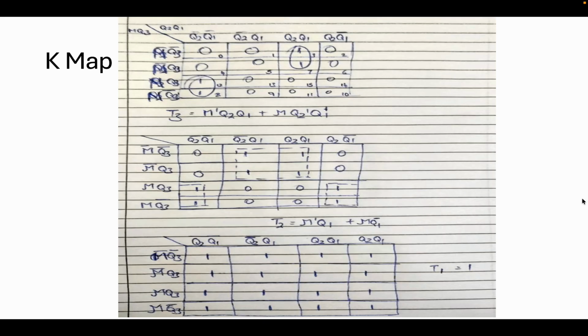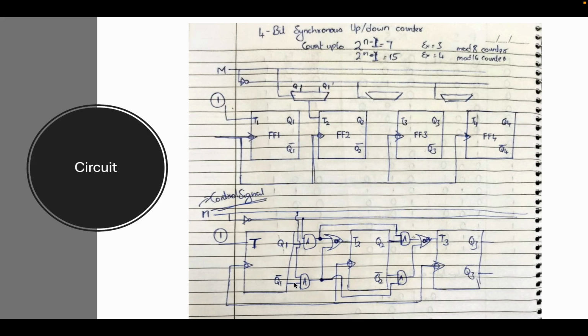Now I'm doing it for T2, right? M bar Q1 and M Q1 bar. So I connect it to M bar Q1 and M Q1 bar, and I connect them together to an OR gate, and it is given as the input to T2. Similarly we'll do it for T3.